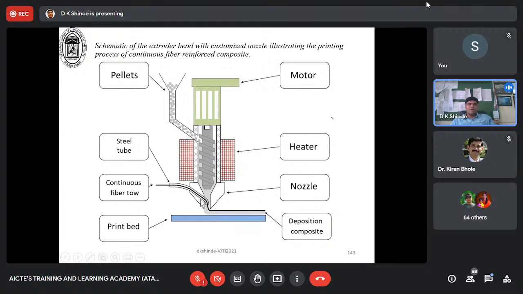You can pass your continuous fiber through, so this polymer will be impregnated with the continuous fiber, and then you keep depositing, and then you can pass the UV light and develop it. So the pellet input supply as well as the continuous fiber through this particular tow will be coming, and the polymer is heated and melted, and you can control this kind of 3D printing for large structures.